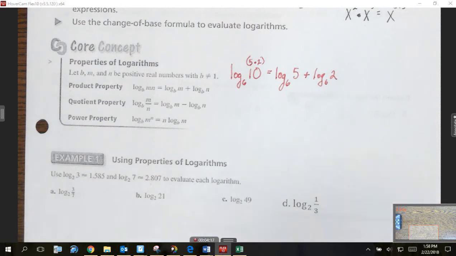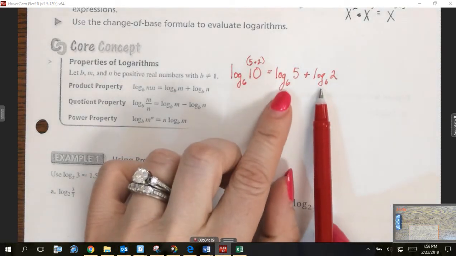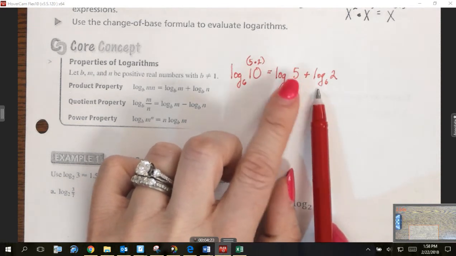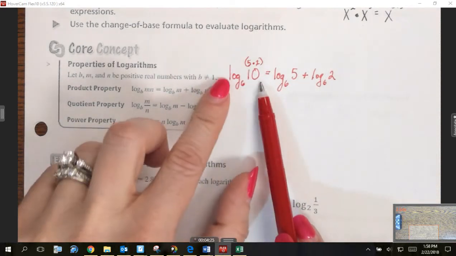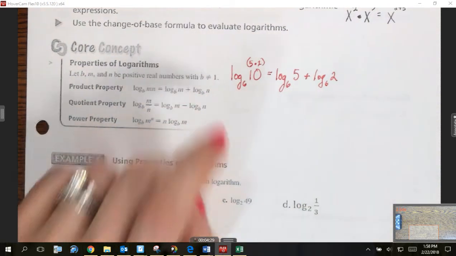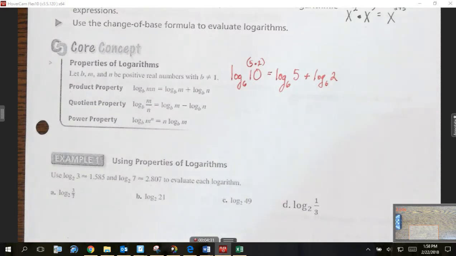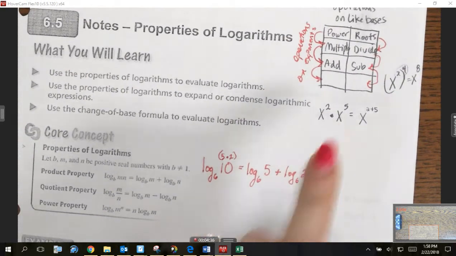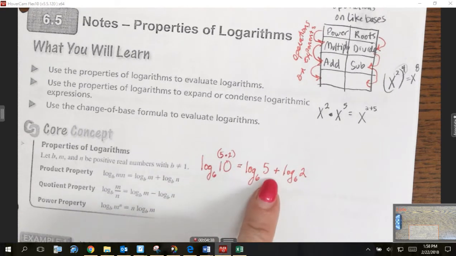It also goes backwards. If I have 2 separated logarithms with an addition sign, I can condense it back by multiplying the 5 and 2 and writing just 1 logarithm of 10. So we go either way. Just like when you multiply like bases, you add the exponents. This is the same way if I'm multiplying, I have to add the logarithm.